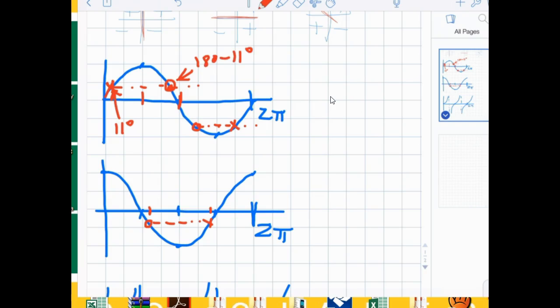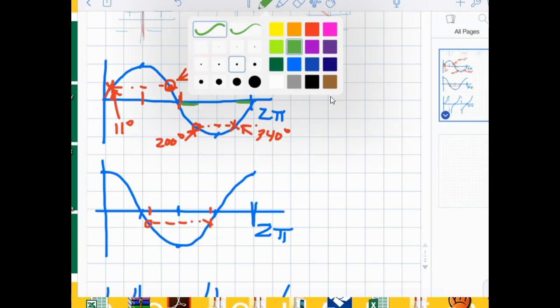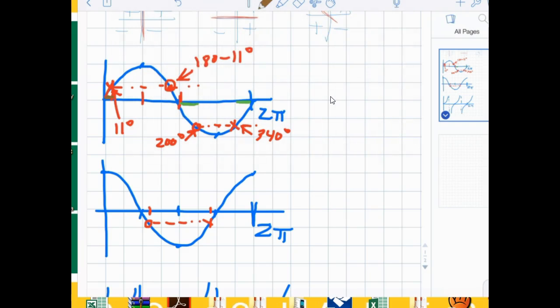And then for this one here, let's say it's 200 degrees. Then we know that this 200 is 180 plus 20, so this one would be 360 minus 20, so it would be 340 degrees, for example. So the distance from here to here is the same as the distance from here to here, and the distance from here to here is the same as the distance from here to here, because it's a reflection, right?